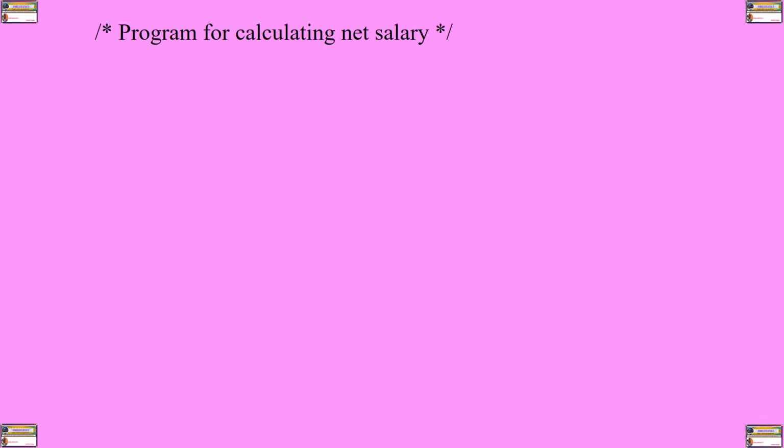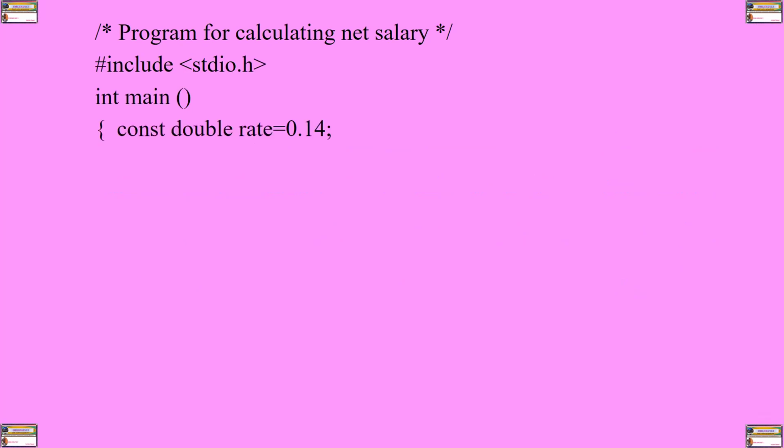So as usual, we have our comment, program for calculating net salary. And then #include <string.h>, then int main, we have our opening parentheses there, and then we are declaring a memory location whose content will not be changing, and that memory location is called rate.